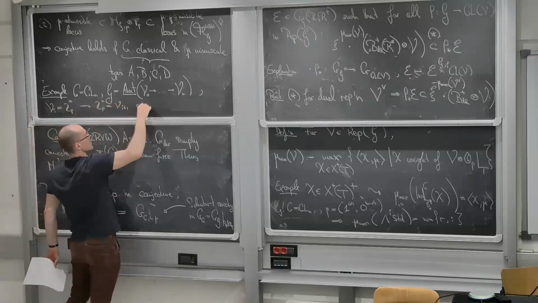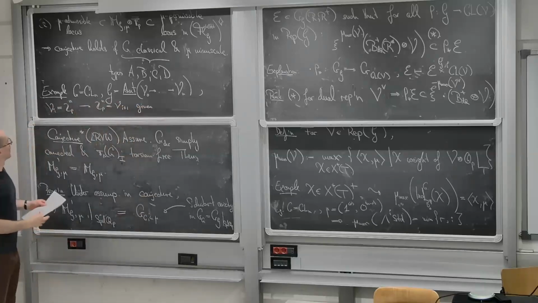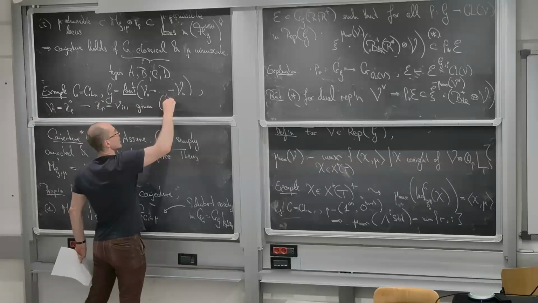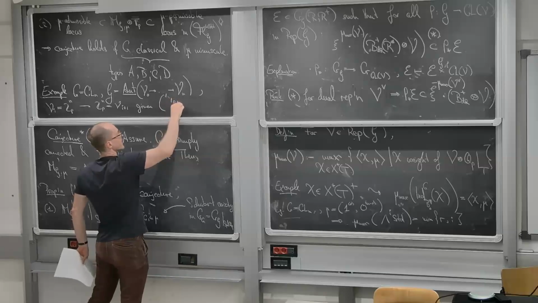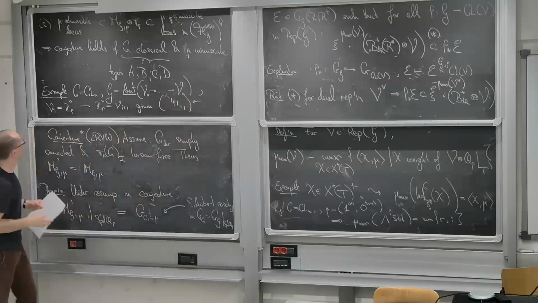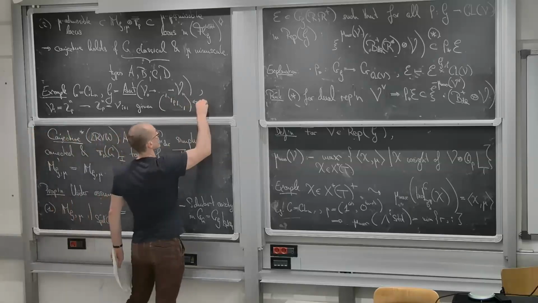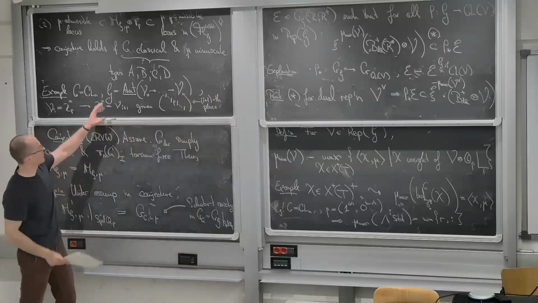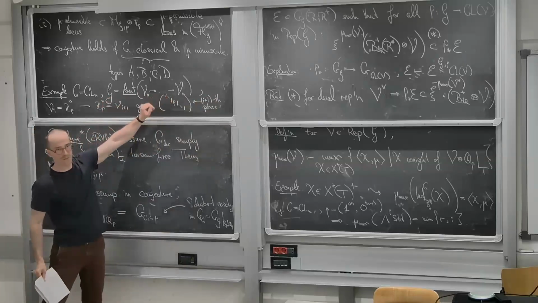This transition map is given by: you put ones, and then there's one p, and then there's 1, and this p is at the i plus first place. Okay. So in particular, if you multiply all these maps together, it's p multiplication again.